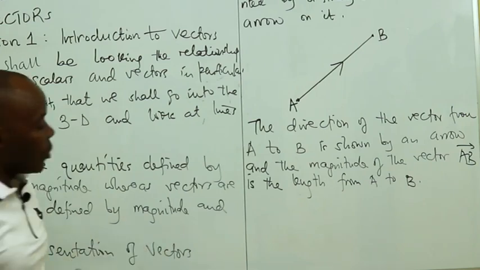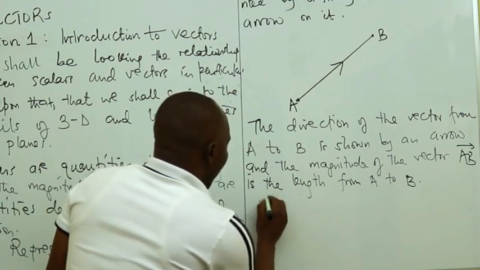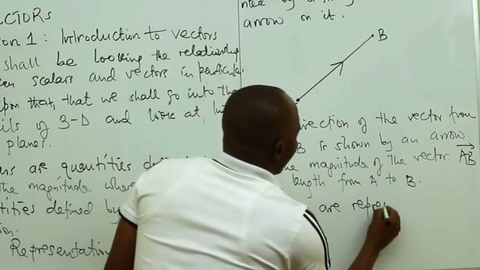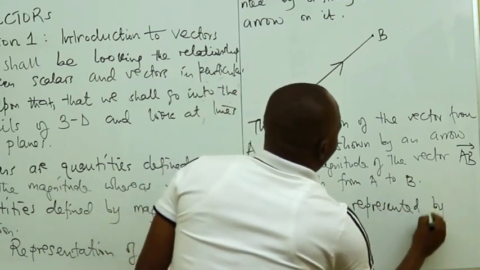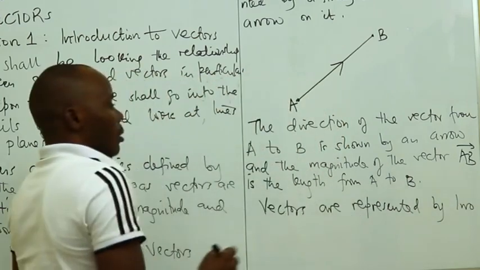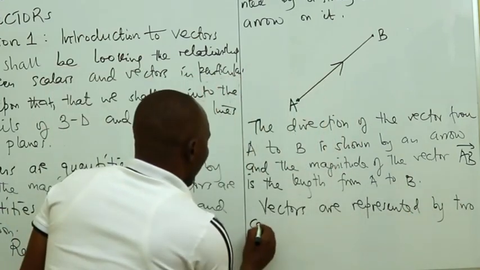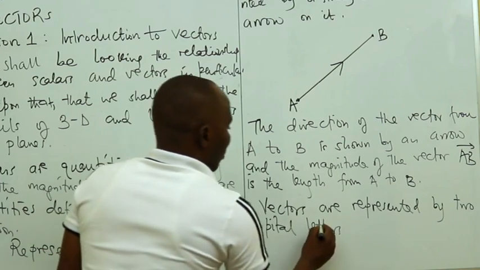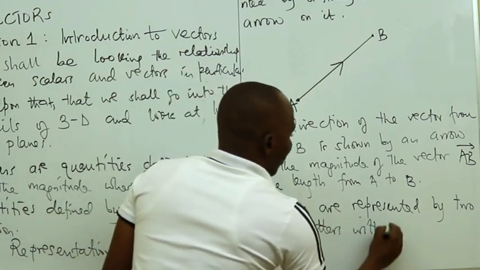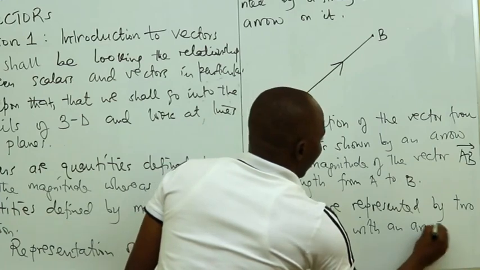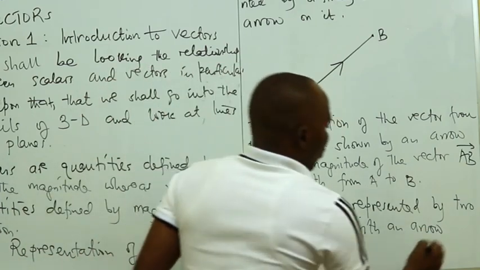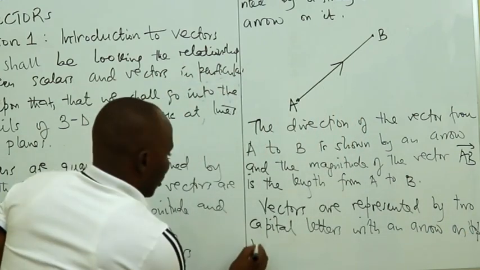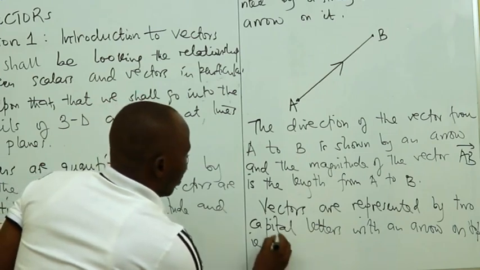Now, vectors are represented by two capital letters with an arrow on top, i.e. AB.